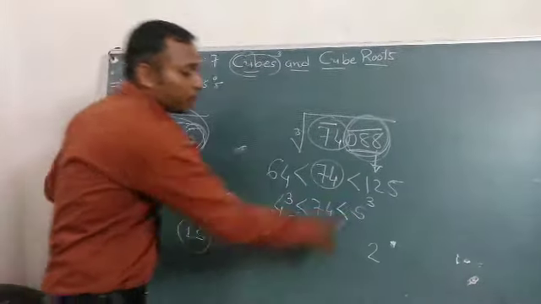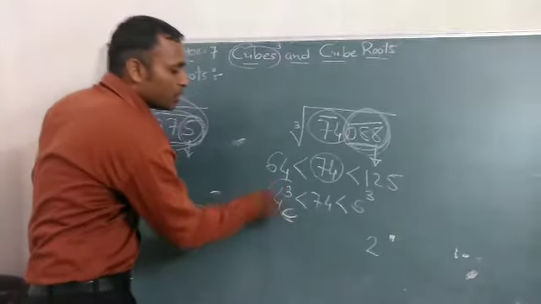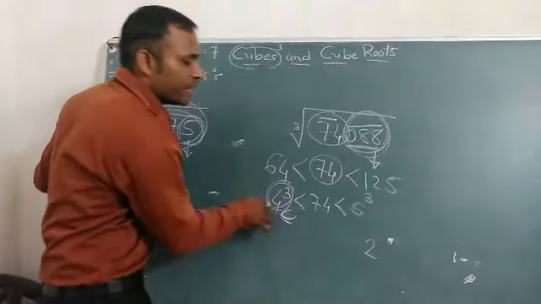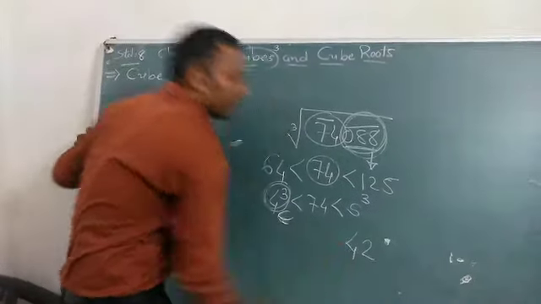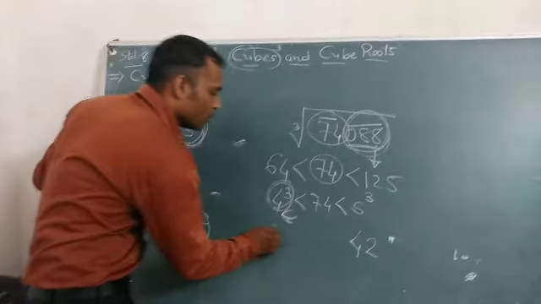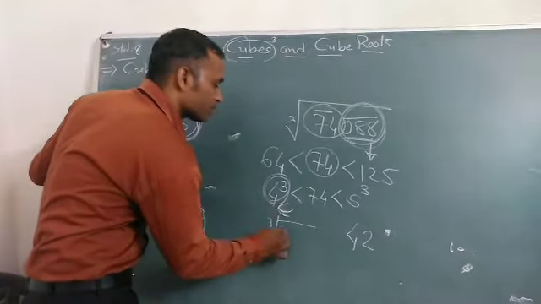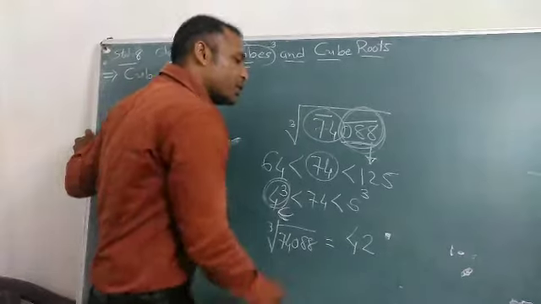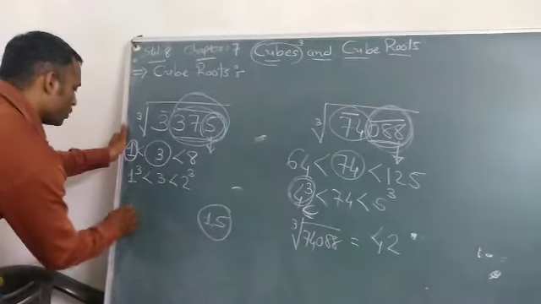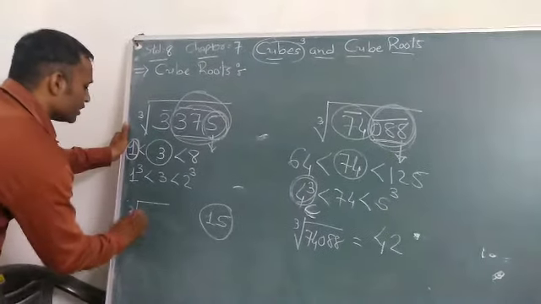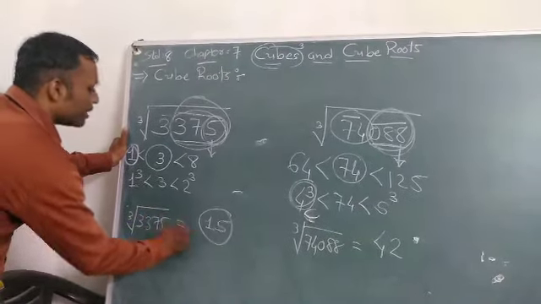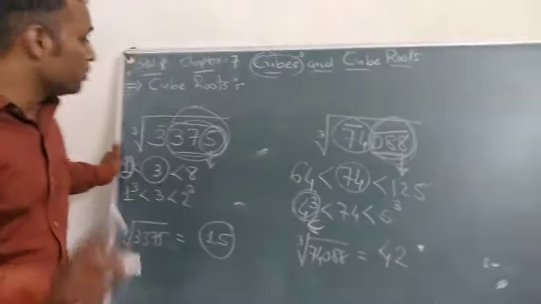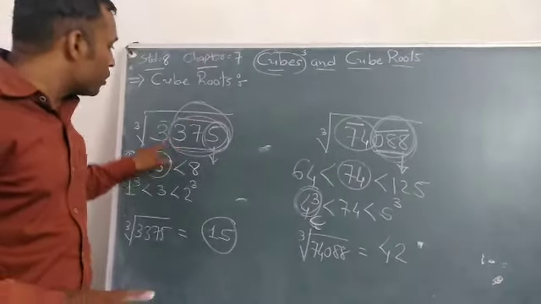But 5 is the bigger number, and we use the lesser number, which is 4. 4 is your tens place. So now the cube root of 74088 is equal to 42 and the cube root of 3375 is 15. Understand?